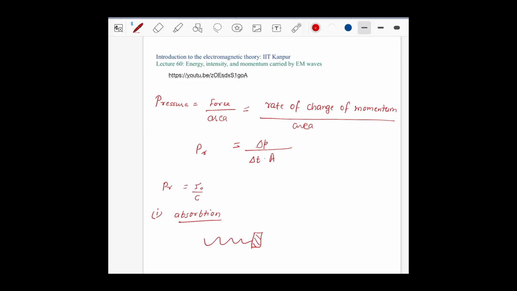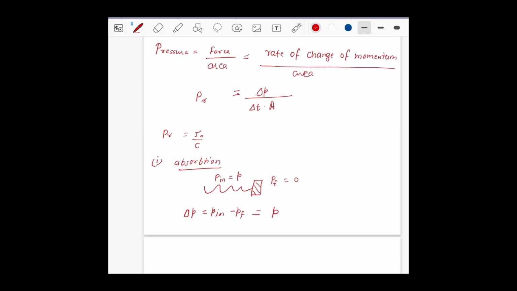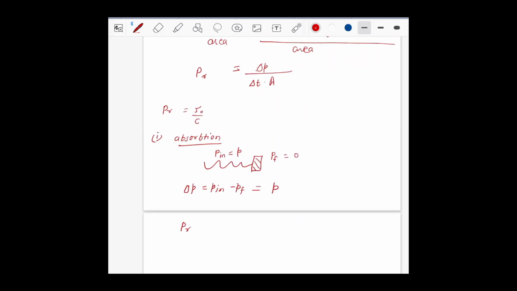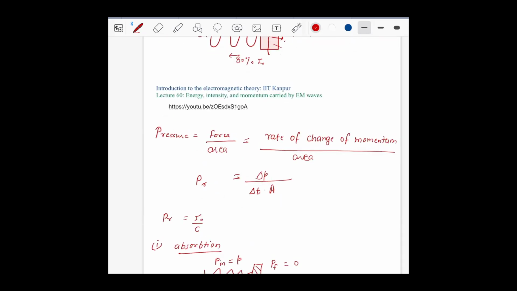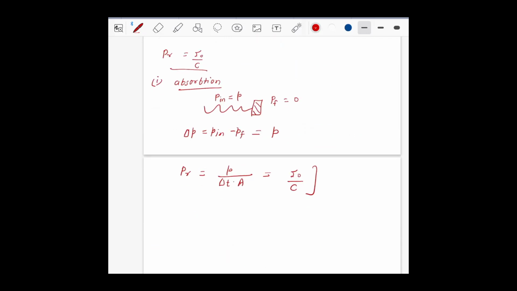So if initial momentum of this light is P, then the final momentum of this light is zero. So the change in momentum, which is P initial minus P final, is P. In this case, the pressure PR, which equals P by delta T into A, is given by I naught by C. The formula is completely derived in another lecture, showing how this I naught by C comes. So this is the case when there is a perfect absorption.